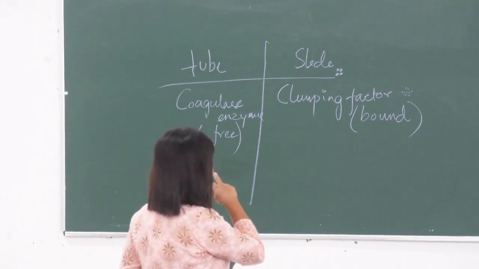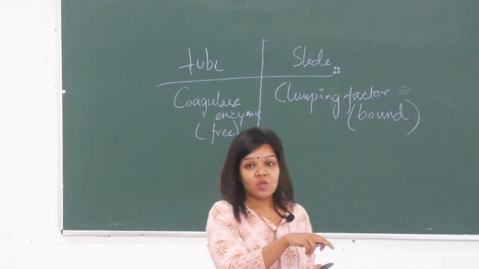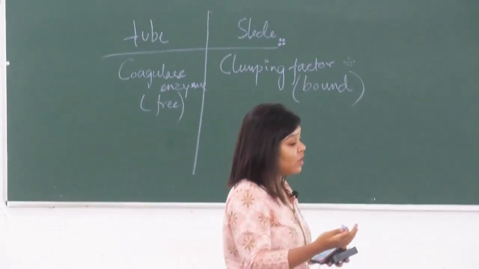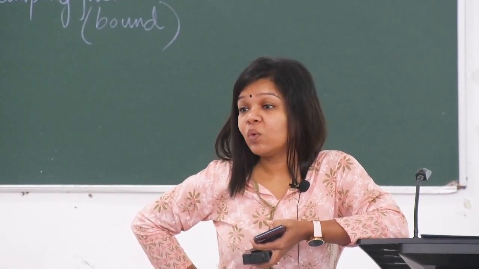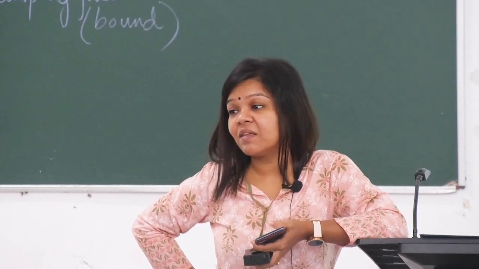Okay. But actually, if we ask you what is the confirmatory test to demonstrate if a bacteria has a coagulase enzyme, you cannot tell the confirmatory test is a slide coagulase. It's tube coagulase. Why?